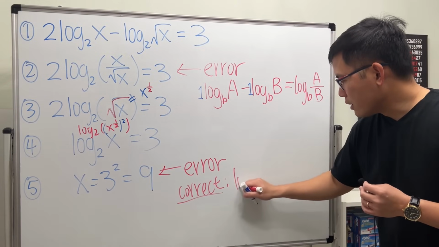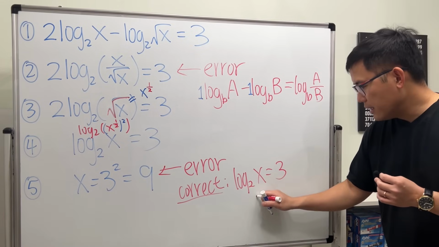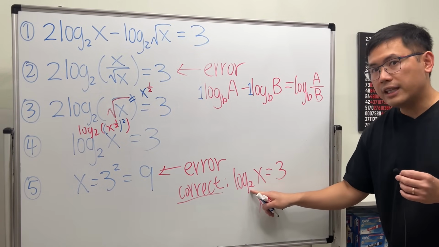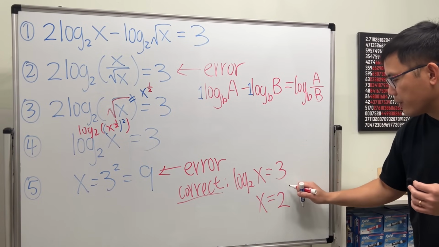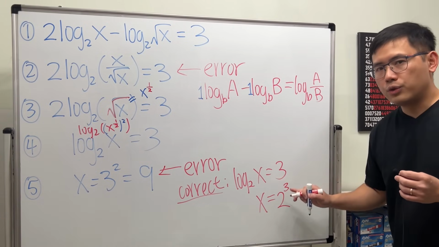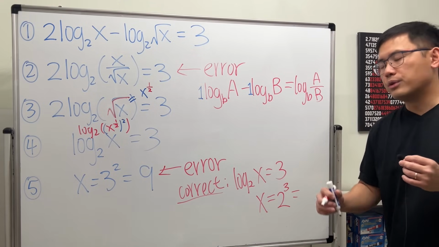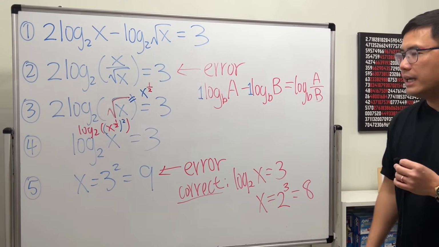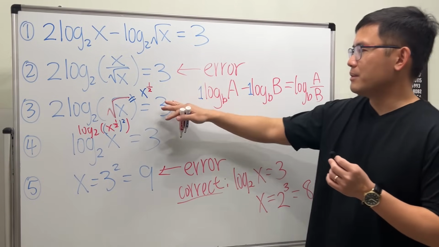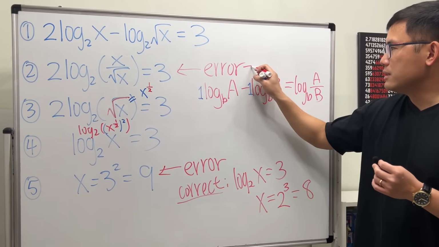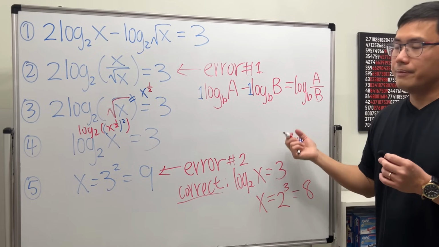If we go from log base 2 of x equals 3, x is really equal to, you take the base of the logarithm, and then raise to this right here for the power. So it's really 2 to the third power instead of that. And then work that out, 2 times 2 times 2, we get 8. But this is not the answer to the original equation because we have made the mistake right here already. So this is error number 1, and this is error number 2.